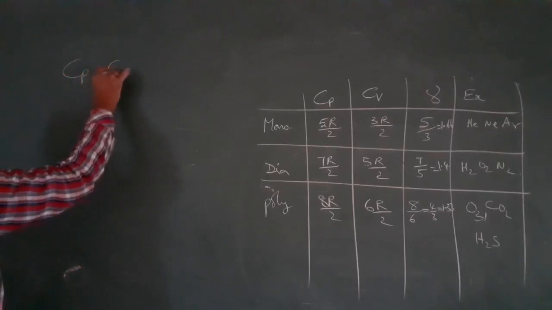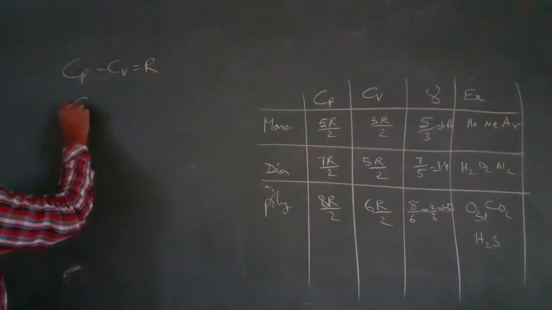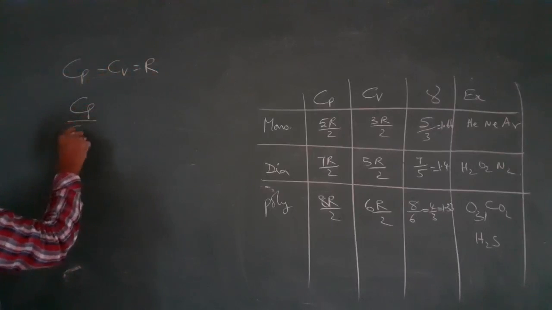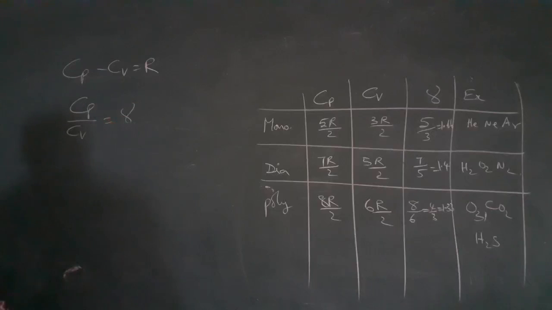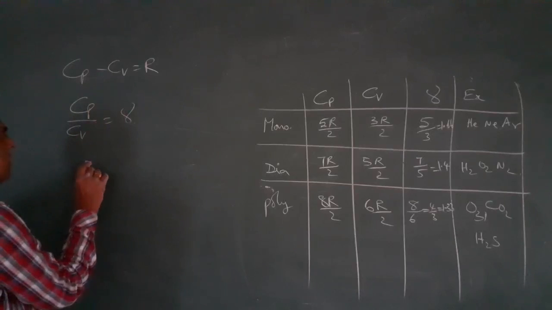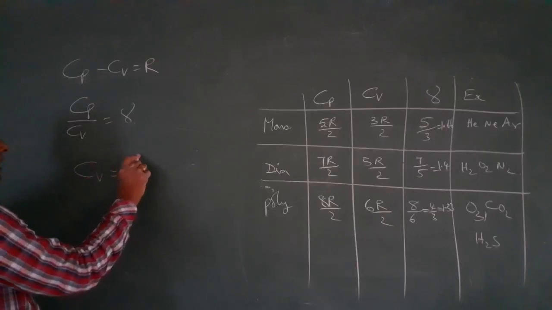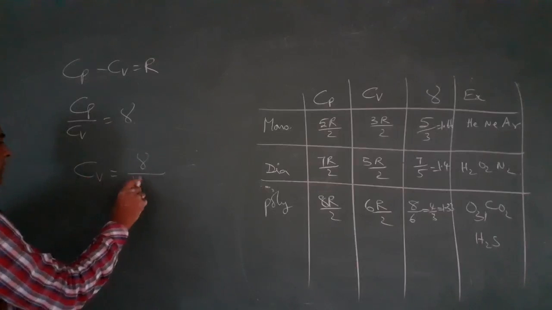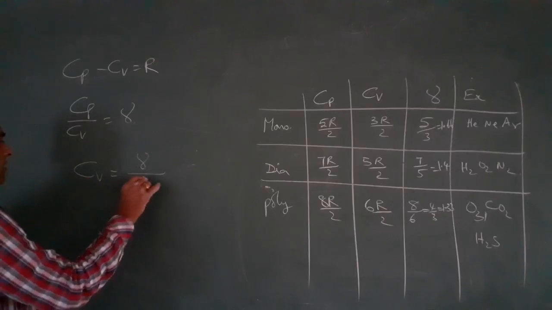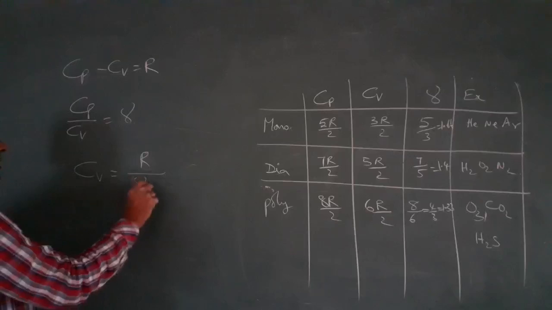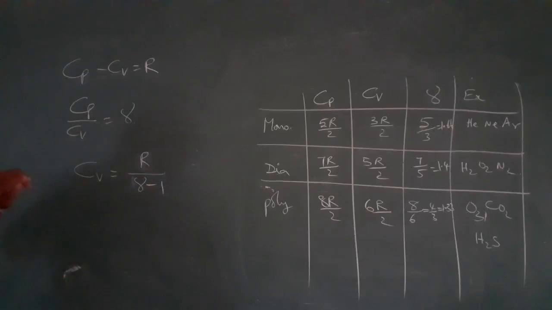Cp minus Cv is equal to R. Cp by Cv is equal to gamma. Then express Cp and Cv in terms of gamma and R. Cv is equal to R by gamma minus 1. How?